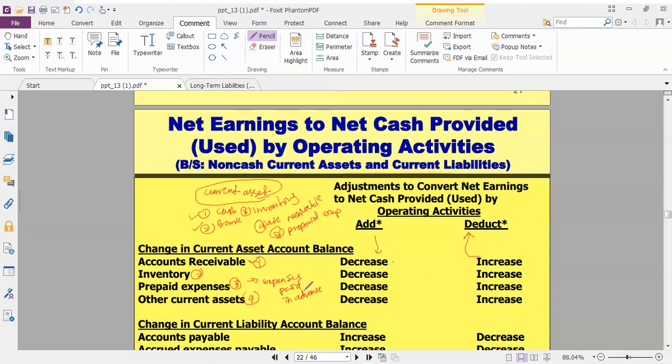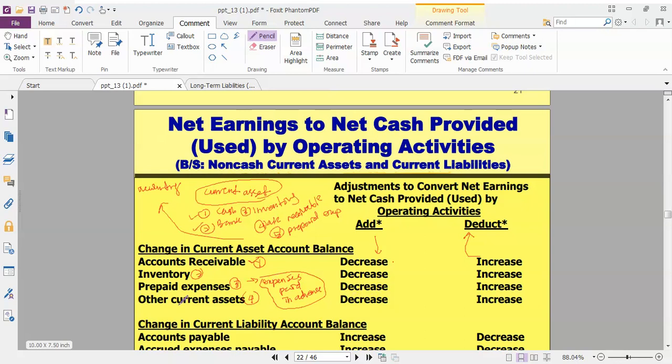Because we have already paid that expense in advance, so we did not want this item under that accounting period. So that's why we put it under the current asset. Prepaid expenses is a non-cash item, so we must adjust here to convert net earnings to net cash.